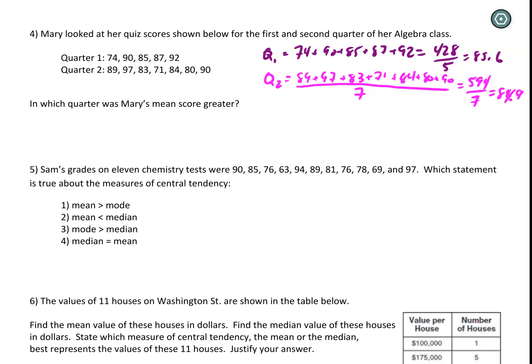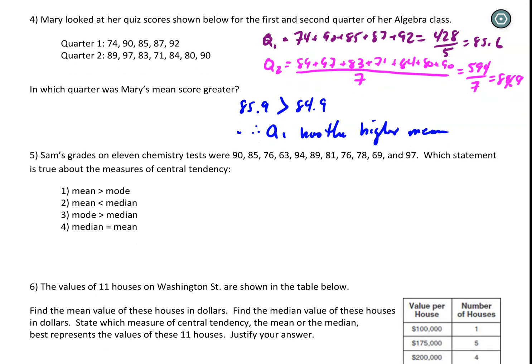So looking at this data, 85.6 is greater than 84.9. Therefore, Q1 has the higher mean, or higher average.